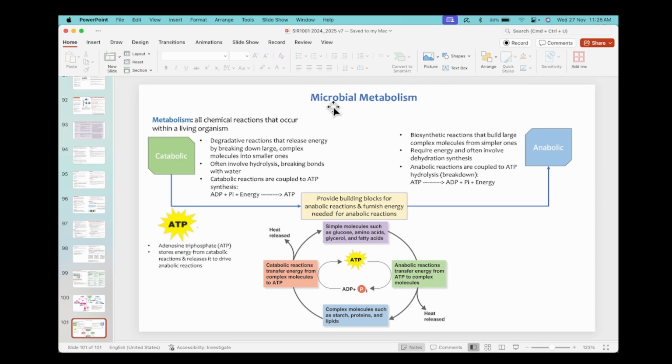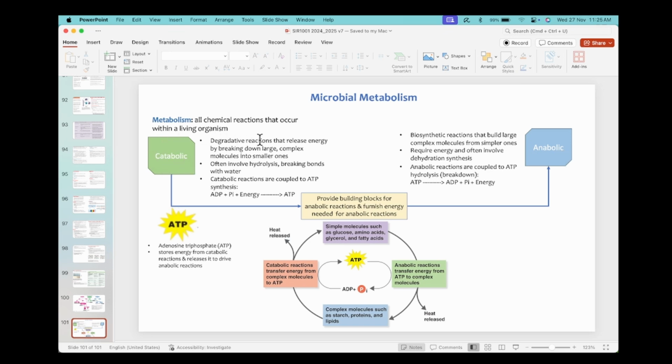Finally, for microbial metabolism, know that metabolism is all the chemical reactions that occur within a living organism and can be generally divided into catabolic and anabolic processes.